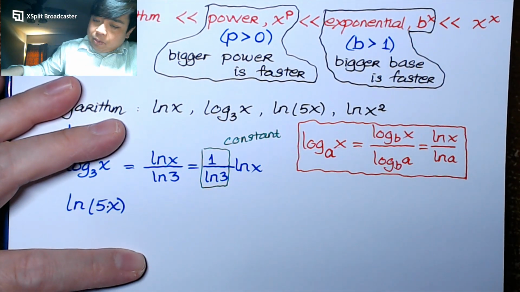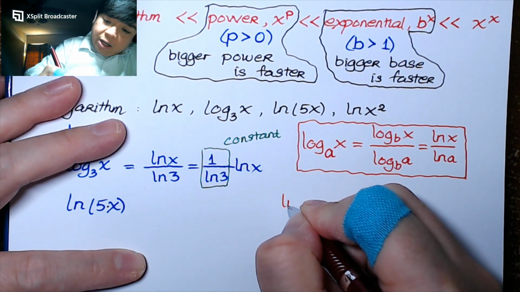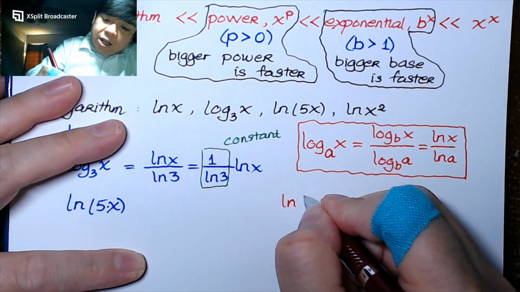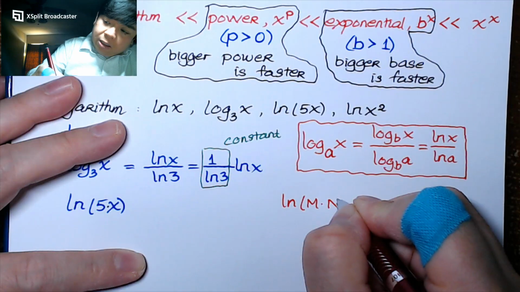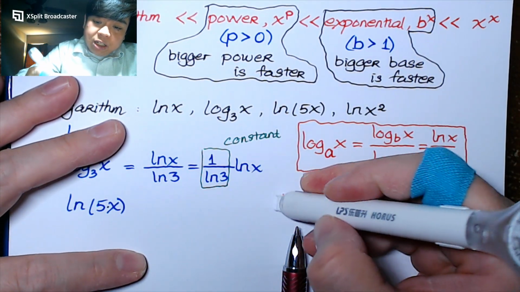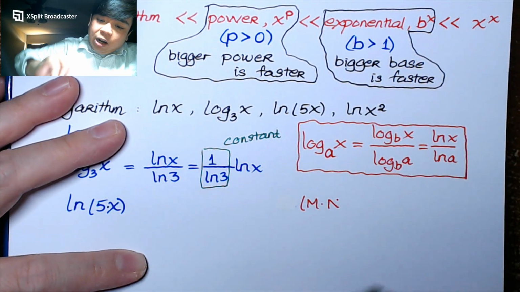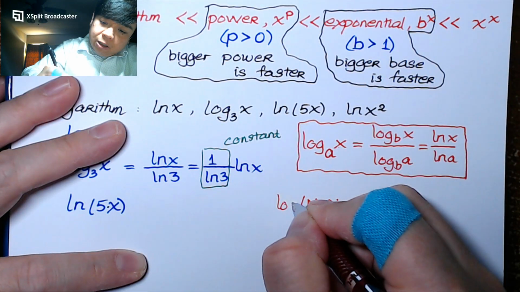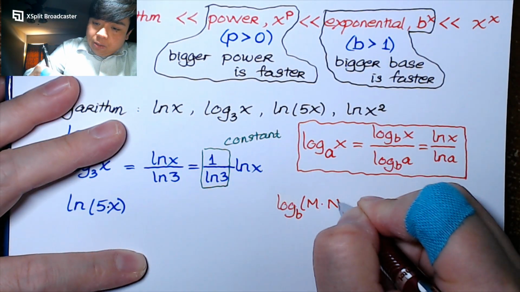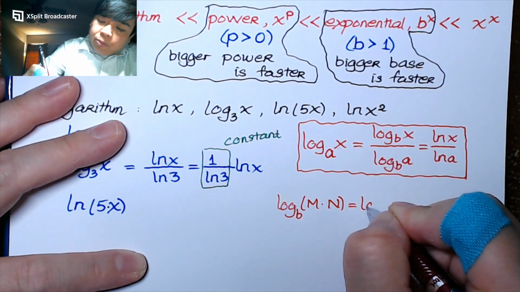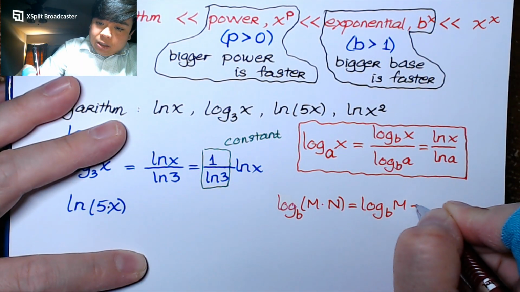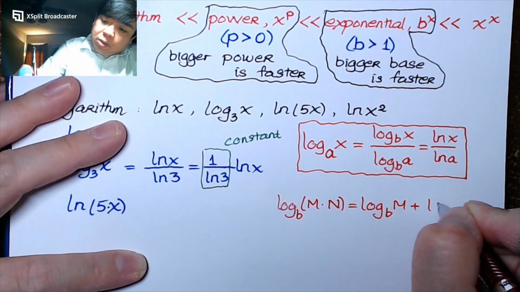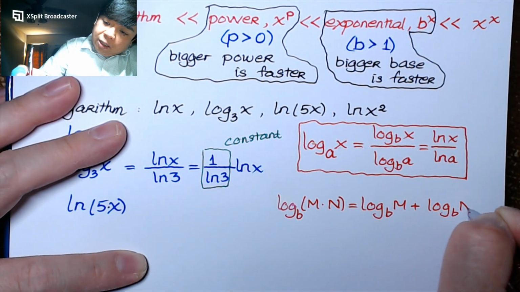Actually, we should keep things in general as log of any base: log base b of m times n is equal to log base b of m plus log base b of n.